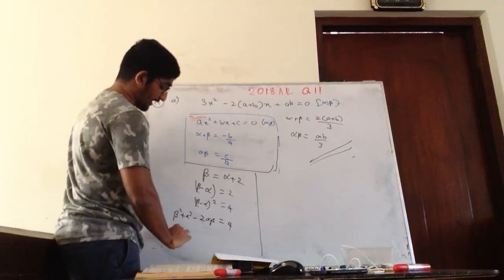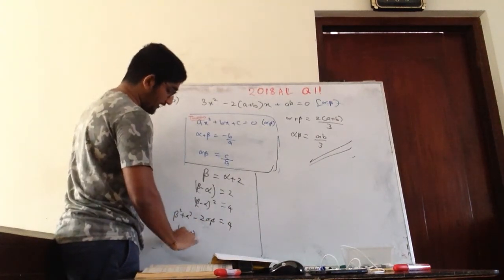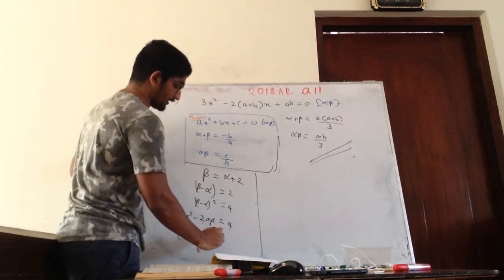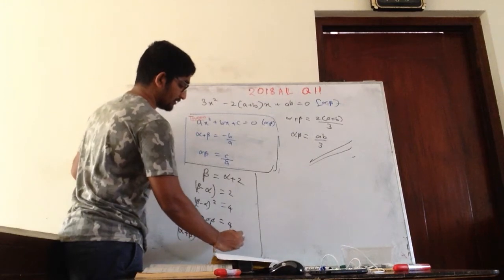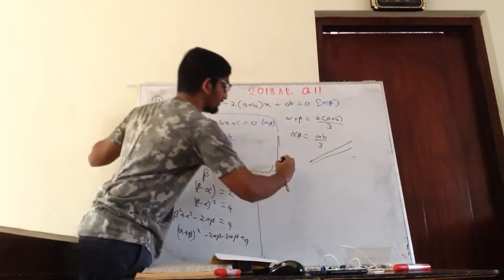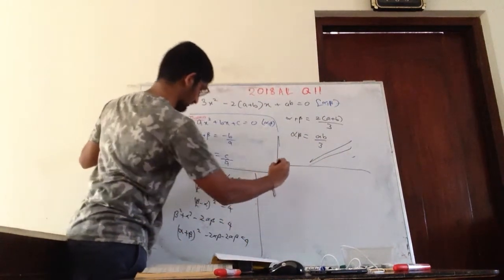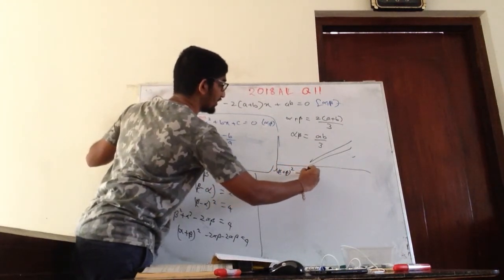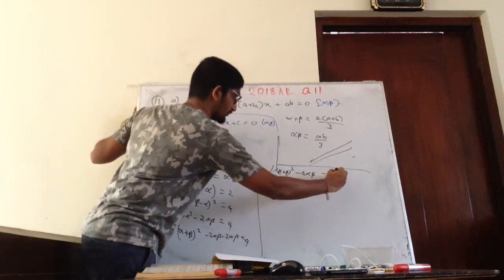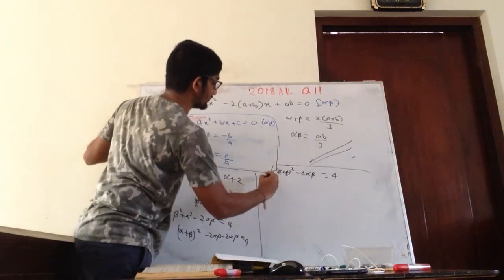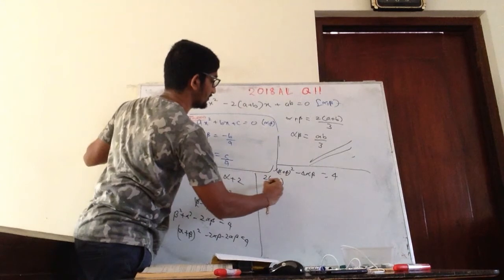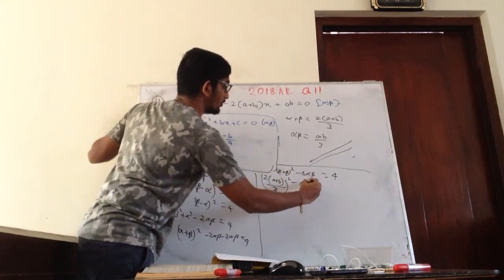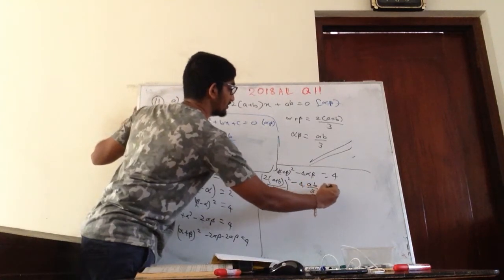Then I can say (alpha plus beta) squared minus 2 alpha beta minus 2 alpha beta equals 4. So then I will get (alpha plus beta) squared minus 4 alpha beta is equal to 4. Alpha plus beta squared is (2(a plus b) over 3) squared, minus 4ab over 3, is equal to 4.